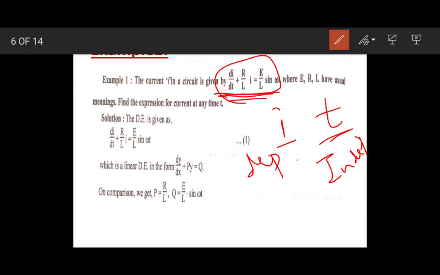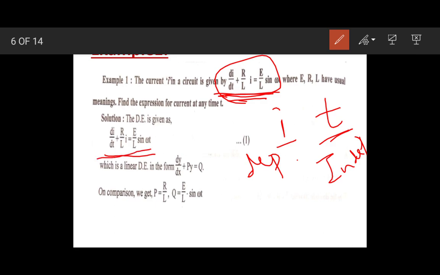The other terms R, L, E are all constants for me. Now the equation is dI/dt + (R/L) I = (E/L) sin ωt.